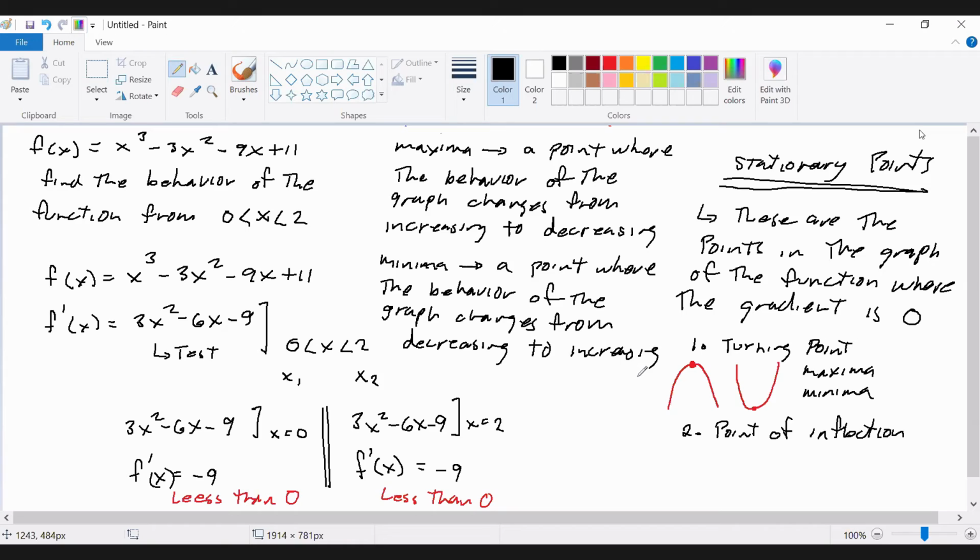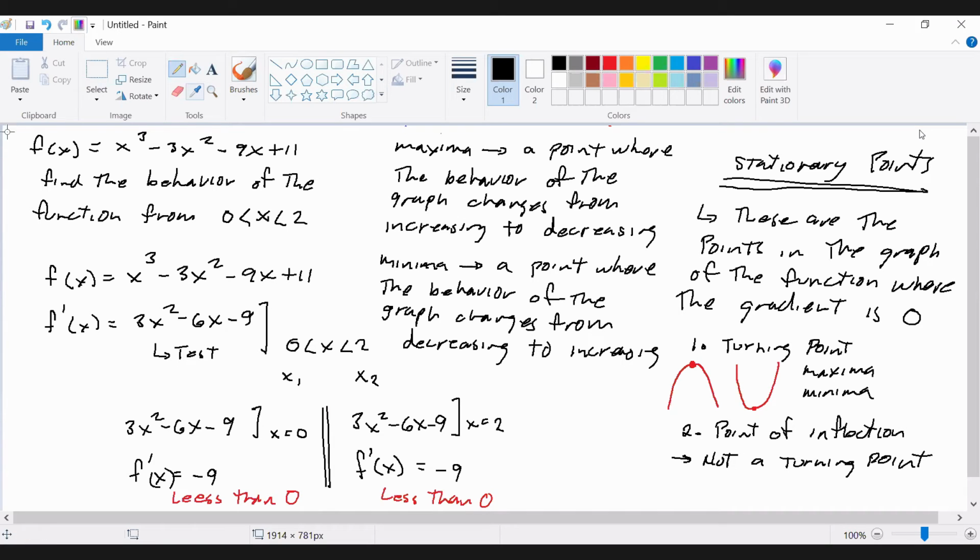However, it's not a maxima or a minima. That's the easiest way to understand it. It is a stationary point that gives a gradient of zero, but it is not a turning point.